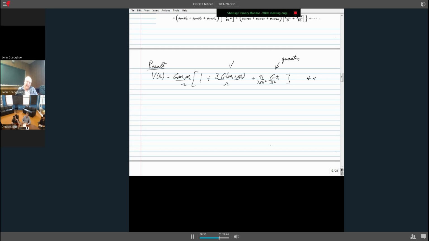The answer when you get done with it is the effective V of R is G M1 M2 over R, times 1 plus 3 G (M1 plus M2) over R, symmetric, and then plus 41 over 10 pi squared G H bar over R squared. That's the H bar one.